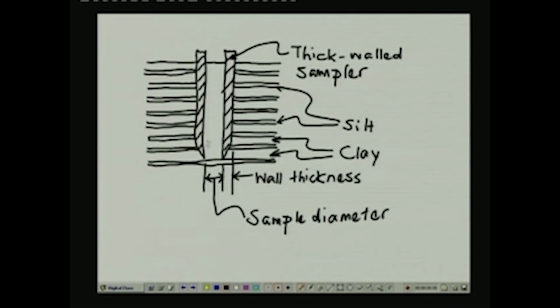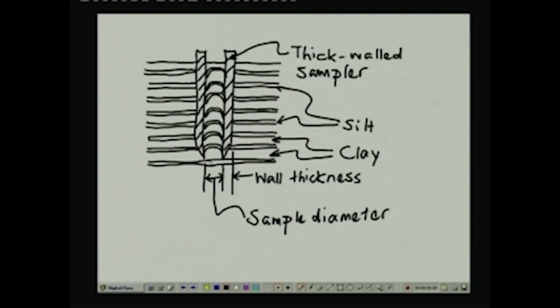Now, when the sampler is inserted, you can see within the sample the laminations are curved down like this, because of the friction that develops between the interface of the sampler and the soil inside it.